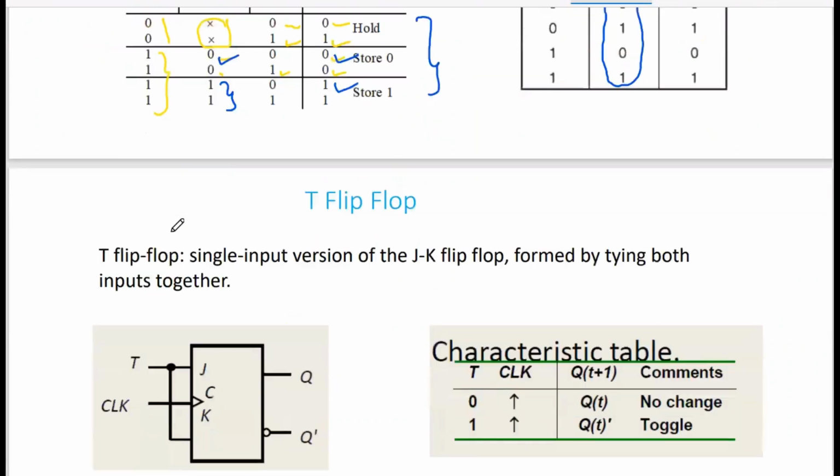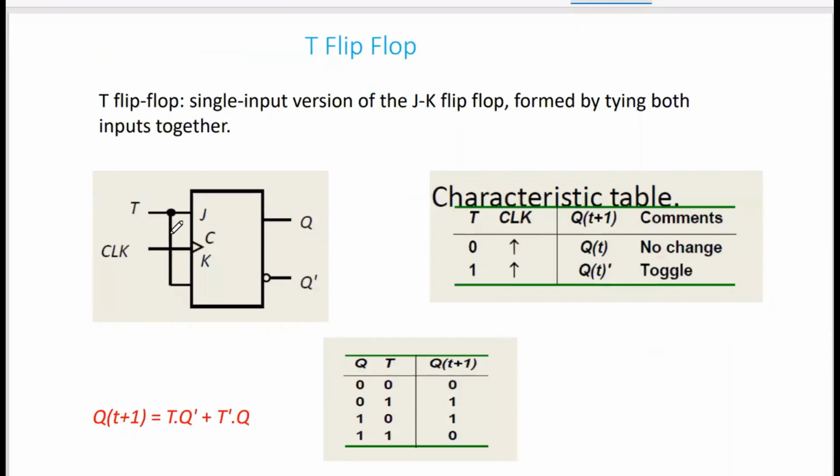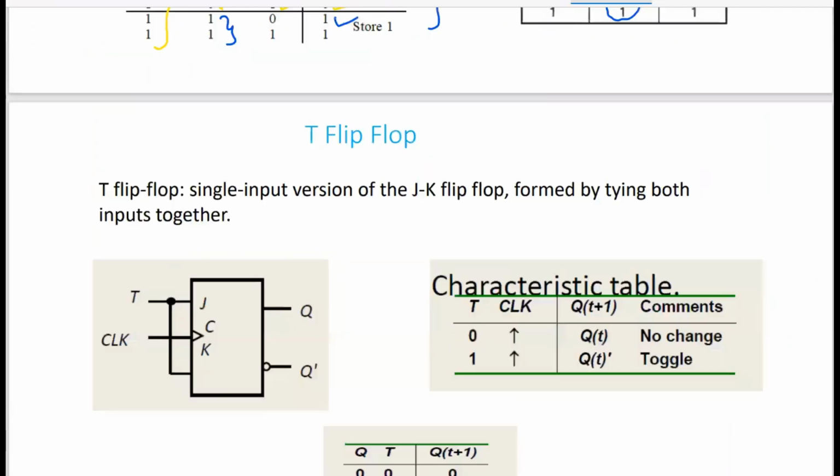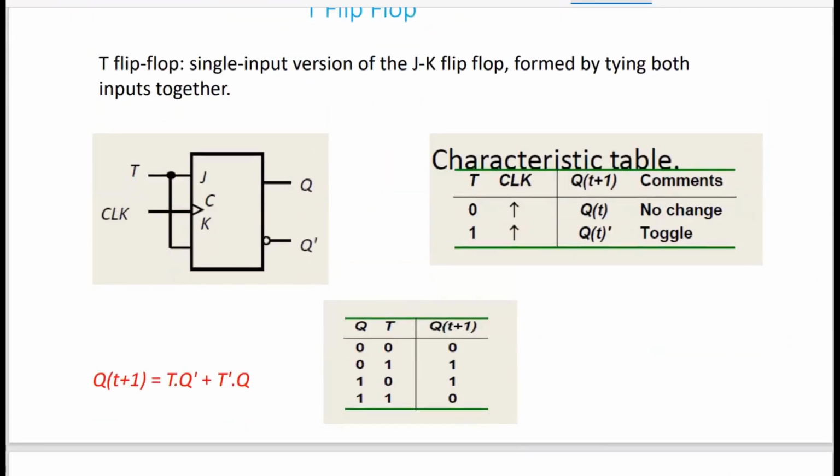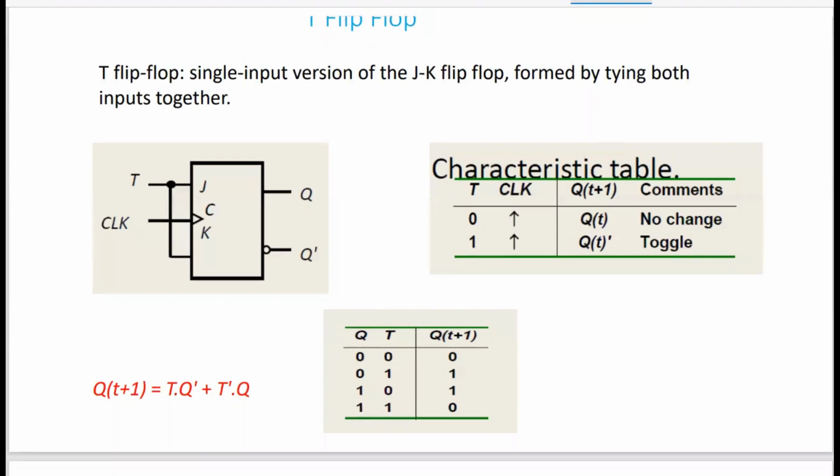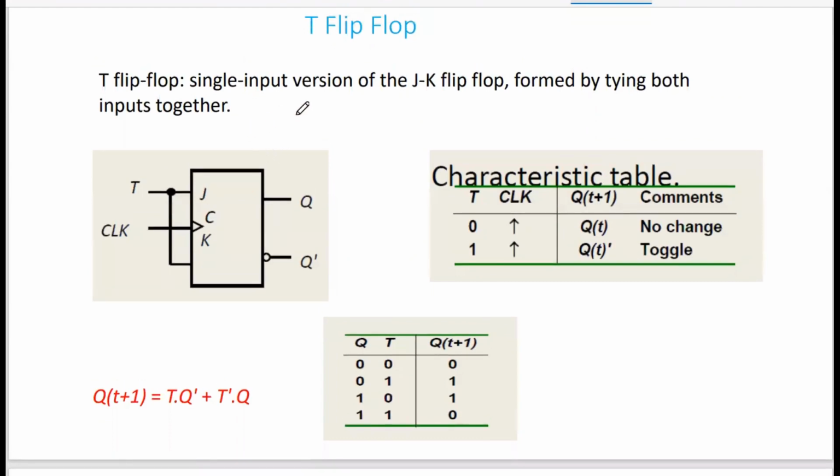So next is T flip flop. D flip flop is the single input version for your SR flip flop, while T flip flop is the single input version for JK flip flop. So you are having a JK flip flop.